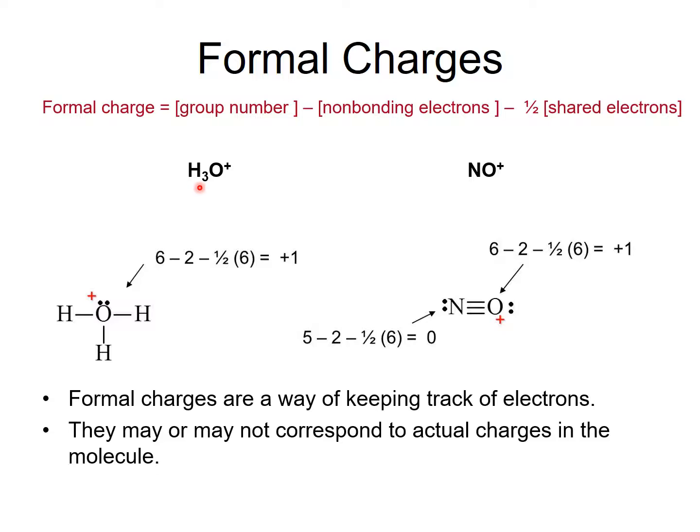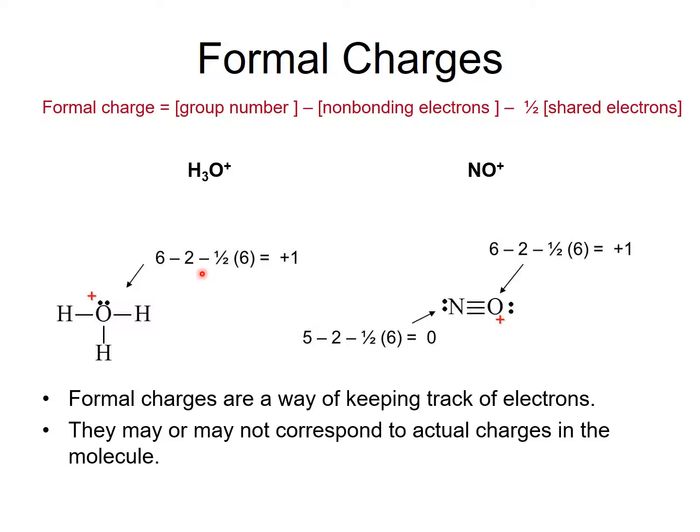So in the molecule H3O plus, this isn't the electron count, this is the formal charge for the oxygen. The group number of oxygen is 6. The number of non-bonding electrons is 2. See these 2 electrons there?